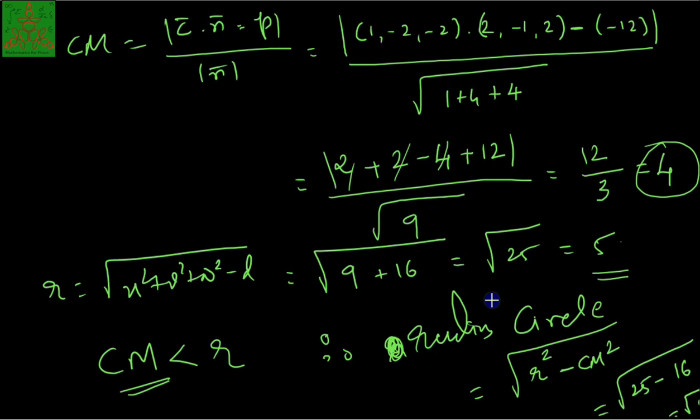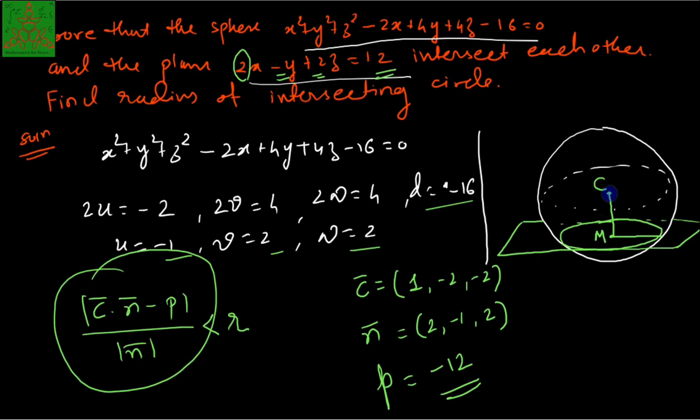How can we get this formula? We can just see in the previous slide. Let's say this is the point P. We know the value of CM, which is this value we have here. And what is CP? CP is the radius of the sphere.